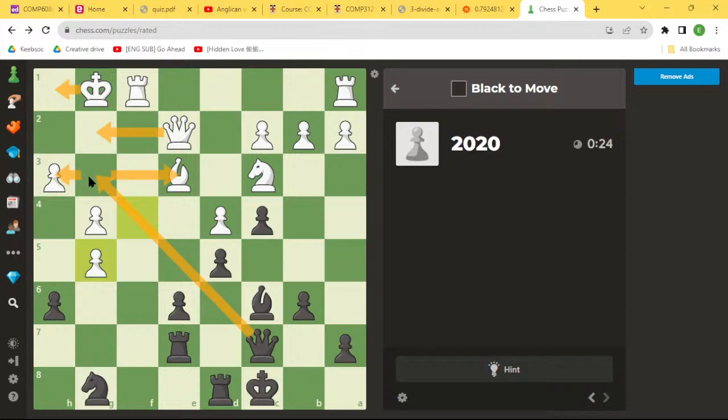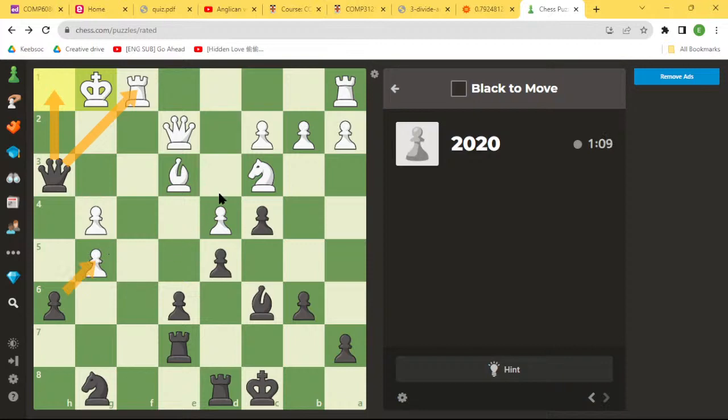And then I'll take the pawn, I guess. Just need one more hit.